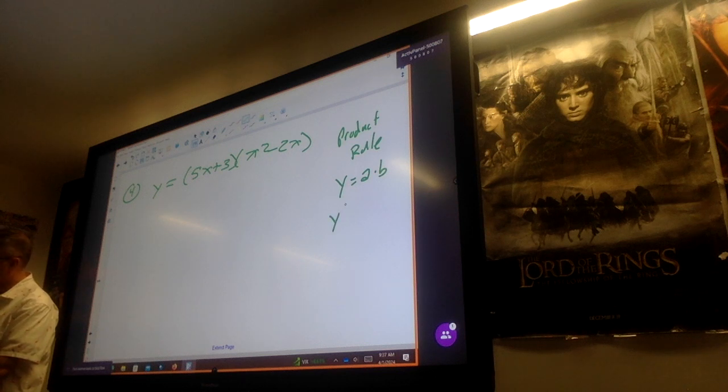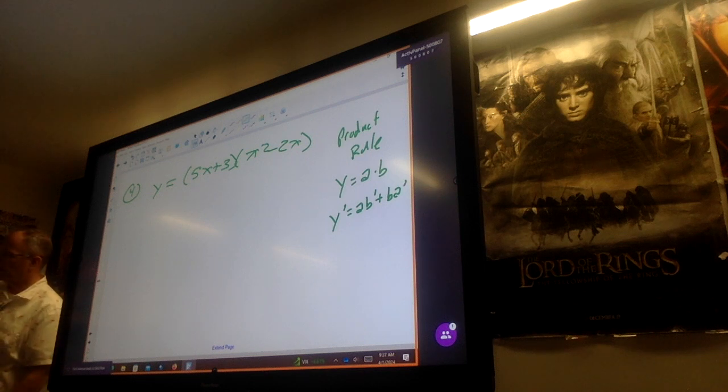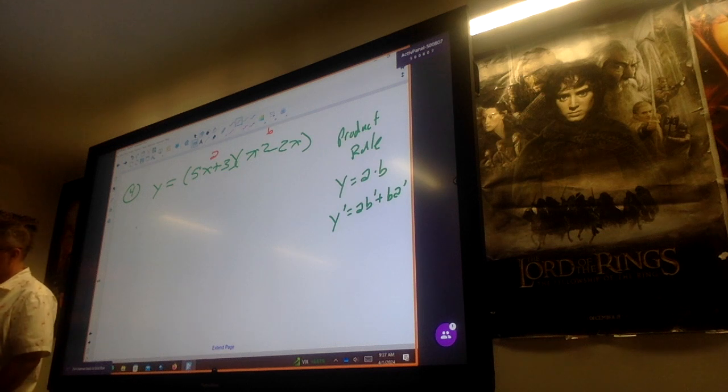So in order to find the derivative, it's A times the derivative of B plus B times the derivative of A. Okay, so if I call this up here A, I call this here B. So to find the derivative, I'm going to do A, which is the quantity as is, times the derivative of B, which is going to give me 2x minus 2, then plus B, which is x squared minus 2x times the derivative of the first, so that's times 5.